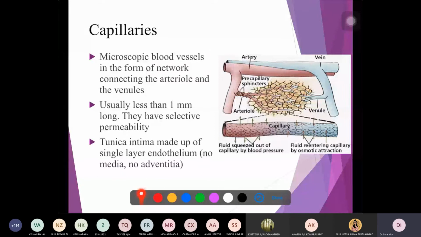Usually in the capillary, the lumen is the size of your red blood cell, because that's one of the biggest cells. So you only have one red blood cell coming into the lumen at a time, and you only have one cell layer making up the wall, which is your endothelium. So a single layer of endothelium, no tunica media, no tunica adventitia.